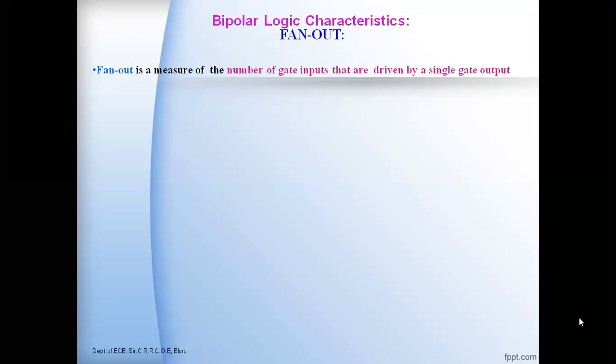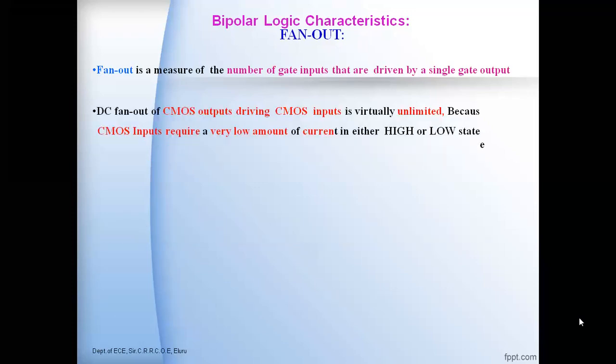Obviously, the DC fan out in CMOS logic is very high. The DC fan out of the CMOS outputs driving the CMOS inputs is very high, so almost we can say that it is virtually unlimited.